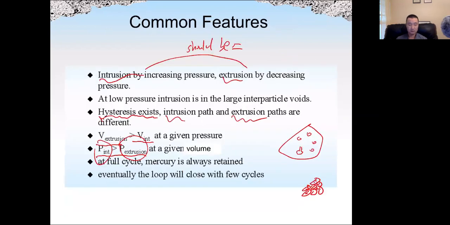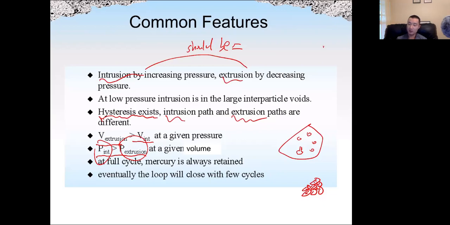After this full cycle of intrusion and extrusion, the mercury is always retained. One of the main reasons is that pores of special shape, such as this, have an entry with a so-called bottleneck.